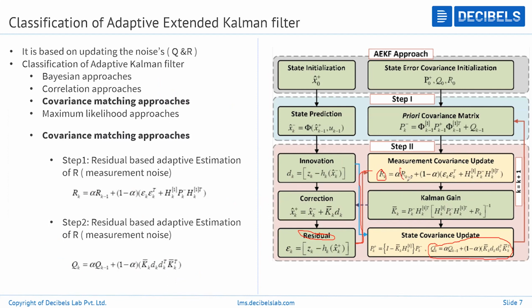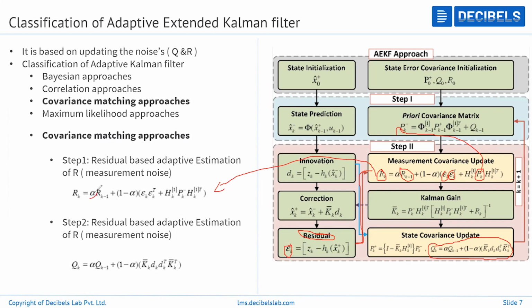The previous R value, measurement noise, and then E of K, E of K transpose, and this comes from here, and the H matrix. So this E of K is nothing but this residual step. Okay, so this equation is nothing but over here.